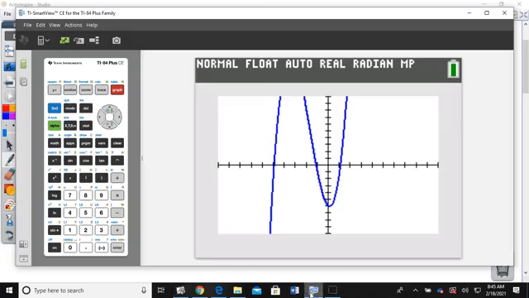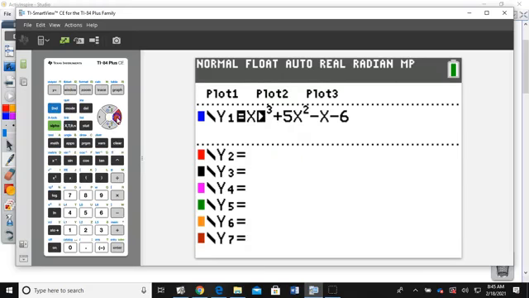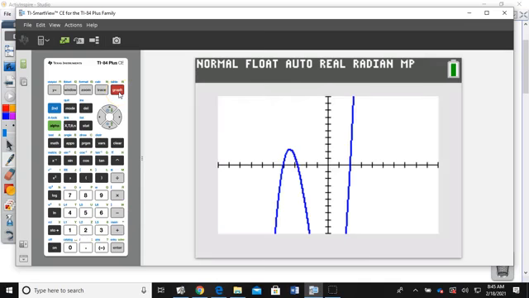So, plug that in, y equals. This one is minus 2x minus 23. And I hit graph. Which one does it not go in between?